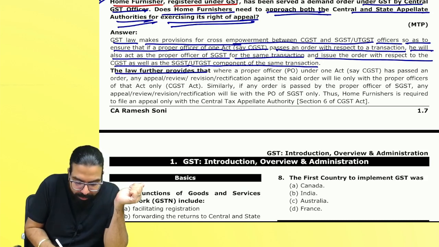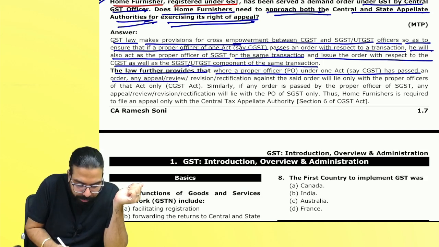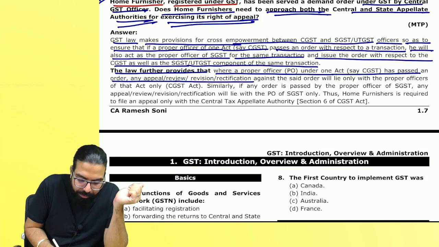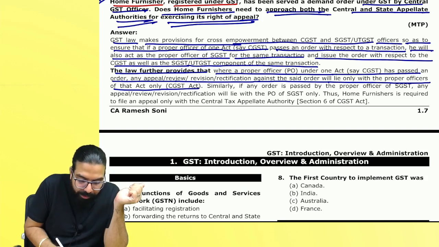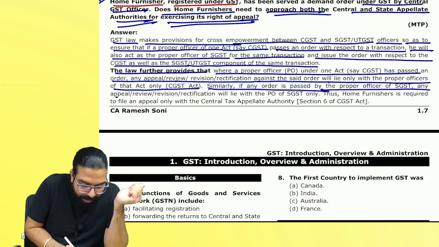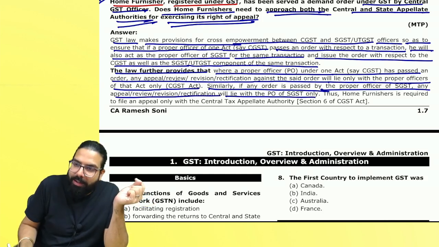The law further provides that where a proper officer under one Act has passed an order, any appeal, review or rectification against the said order will lie with the proper officers of that Act only. Similarly, if an order is passed by the proper officer under SGST, any appeal, review, rectification will lie with the proper officer of SGST only.